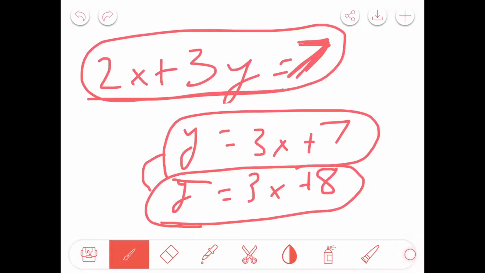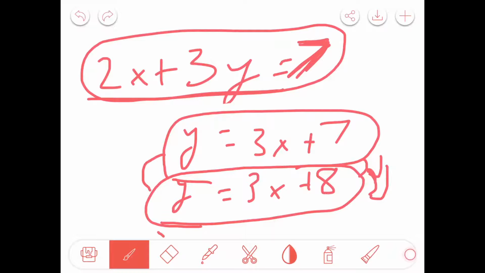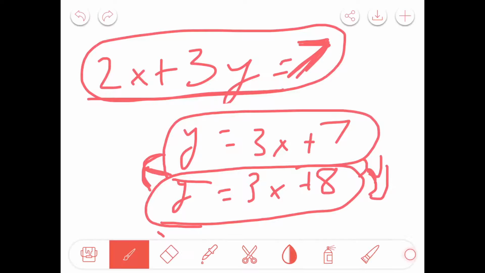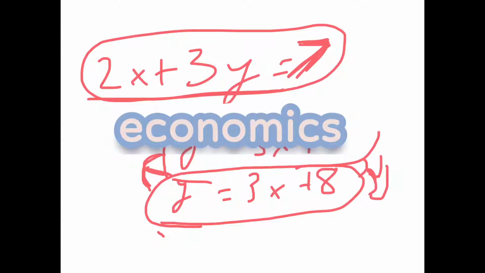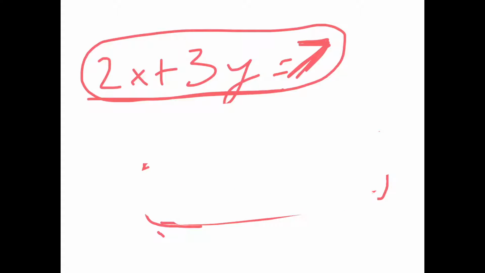For example, if you needed to compare which one is cheaper in the long run when you have to buy something, then you can use linear equations to help you with a lot of economics. That's why I would say linear equations will be very useful.